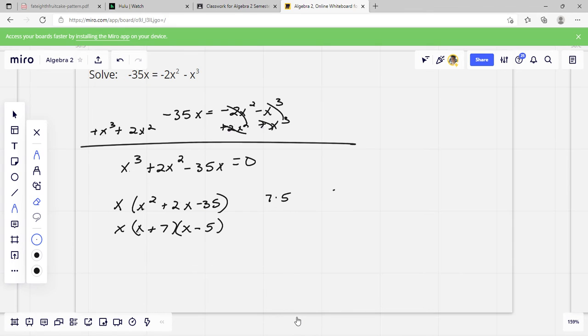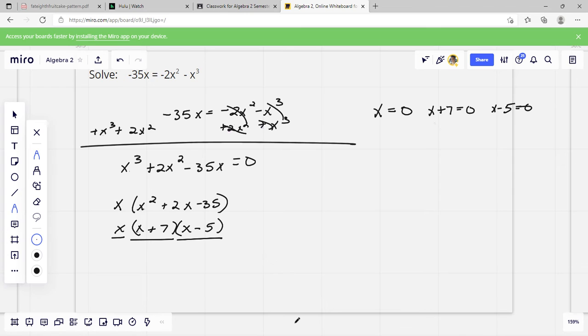Alright, so now I have 3 factors that I can set equal to 0. Each one of these factors right here, I set each of those equal to 0. So I have x equals 0. That one's already solved, we don't have to solve that one at all. Then I have x plus 7 equals 0, and x minus 5 equals 0.